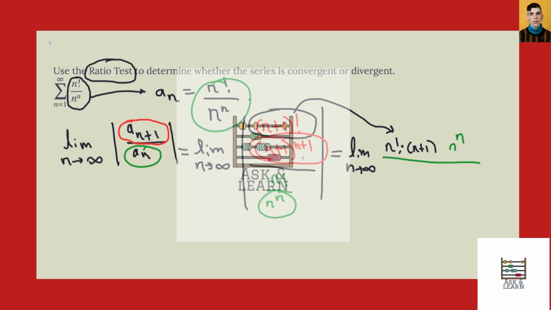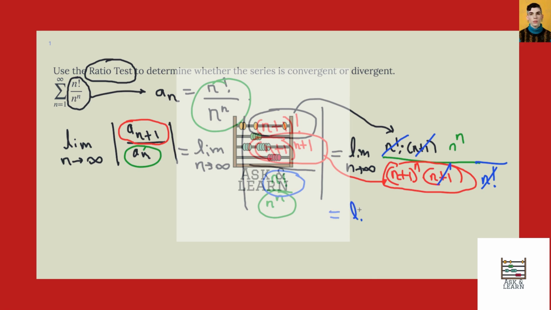So let me write this as (n plus 1) to the n times (n plus 1). And we still have one term here, n factorial. Now let's go ahead and cancel out as much as we can. We see those factorials go away. The (n plus 1) terms cancel.